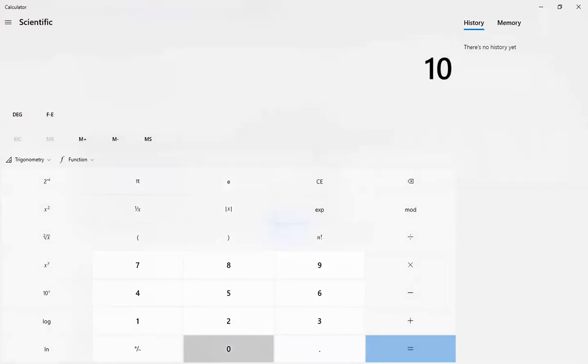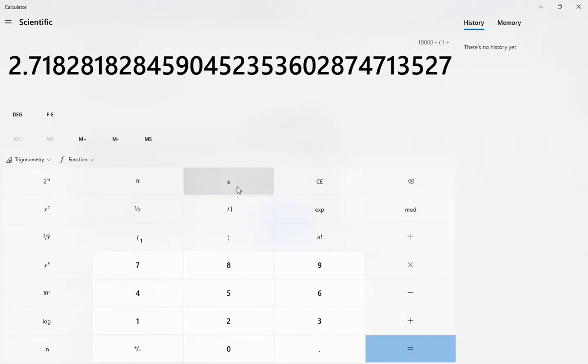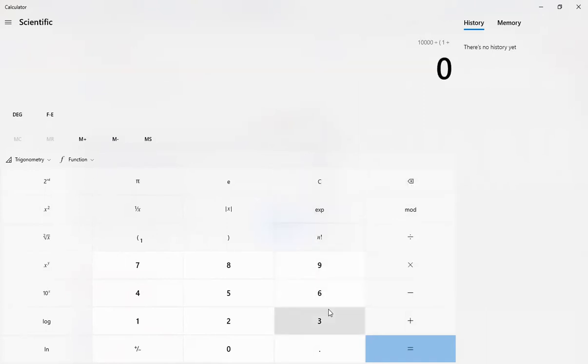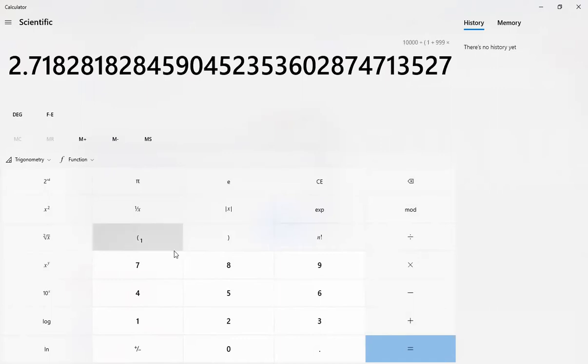So let's do this: 10,000 divided by, so bracket, I want to put 1 plus 999, exponent. I have to go back here. 1 plus 999 times, the exponent is the power.